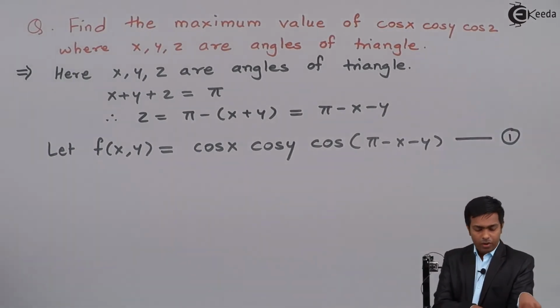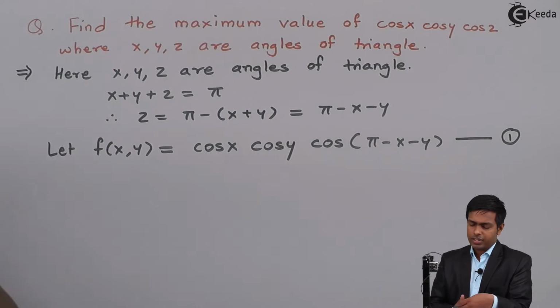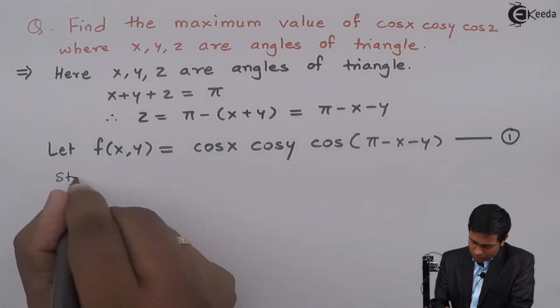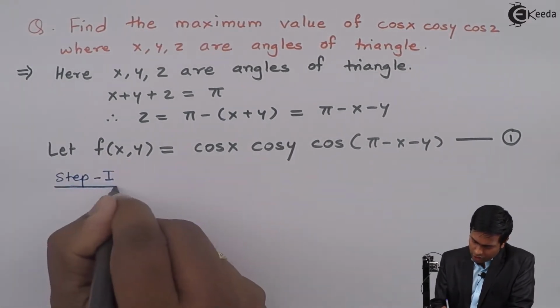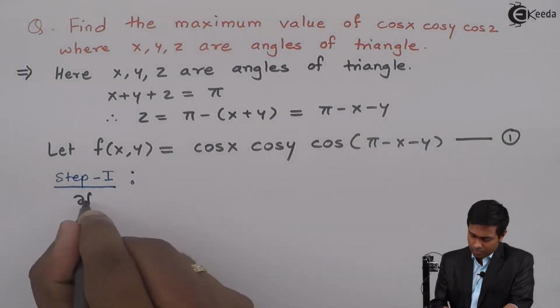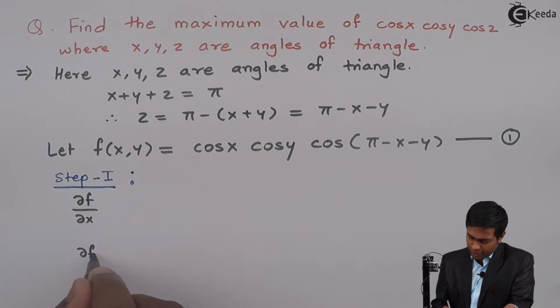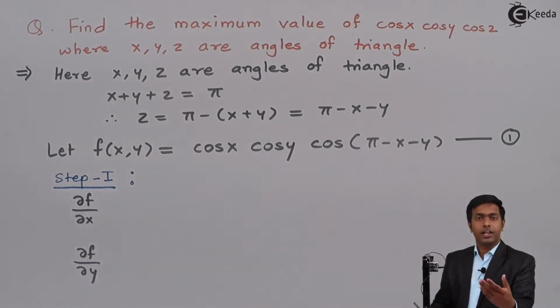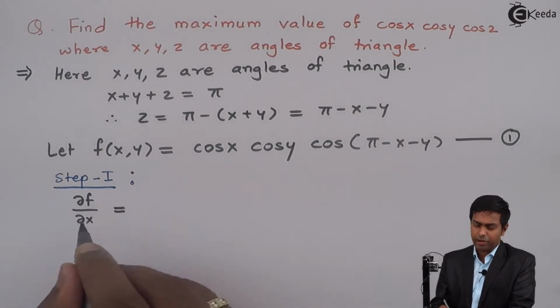And now we'll start with these steps. In step number 1, we will find the values of dou f by dou x, then dou f by dou y, and 3 more values. So let's start with dou f by dou x.